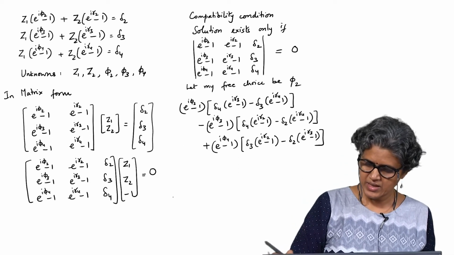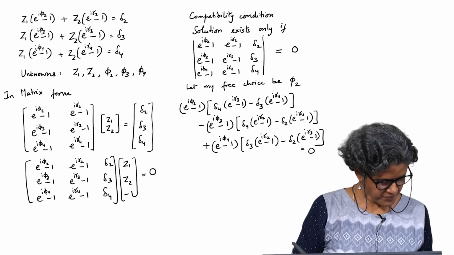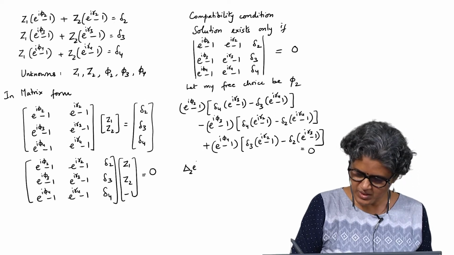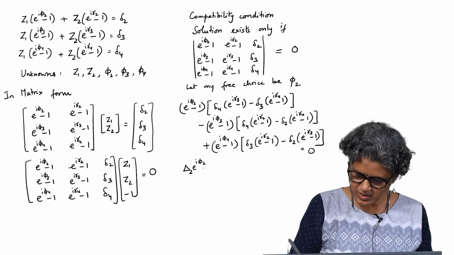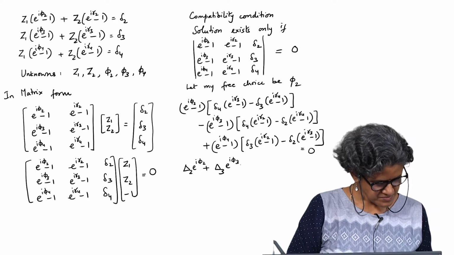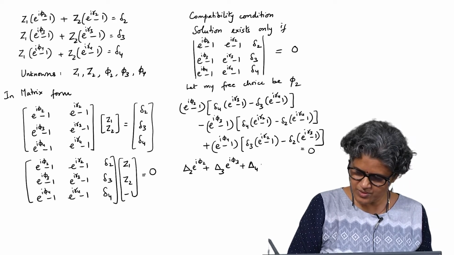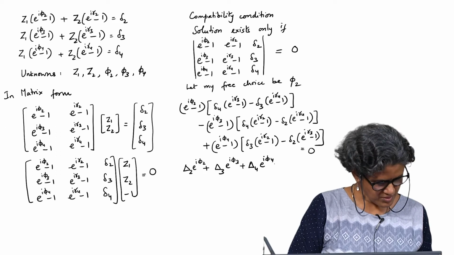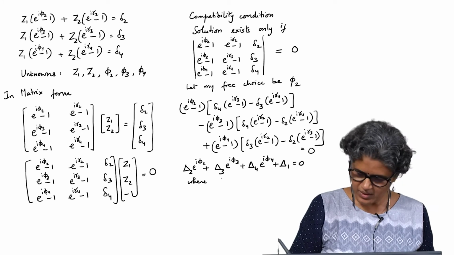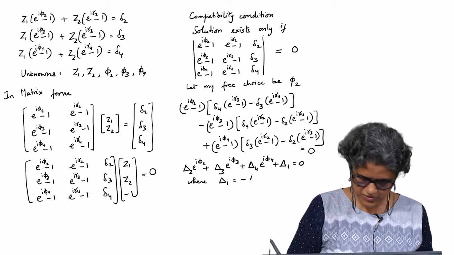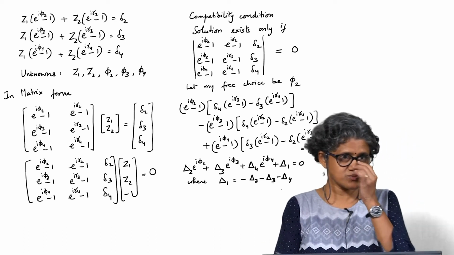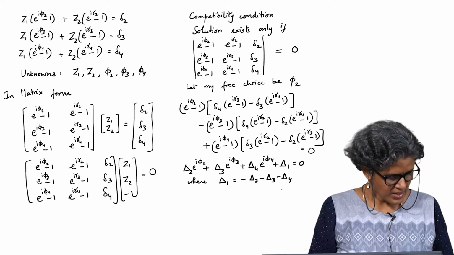If I expand these and simplify, I get delta 2 e power i phi 2 plus delta 3 e power i phi 3 plus delta 4 e power i phi 4 plus delta 1 equal to 0, where delta 1 is based on the first position minus delta 2 minus delta 3 minus delta 4. This is what I get if I expand this.